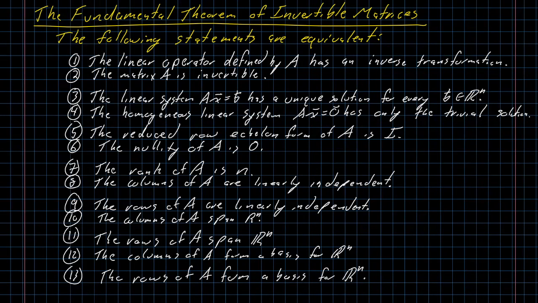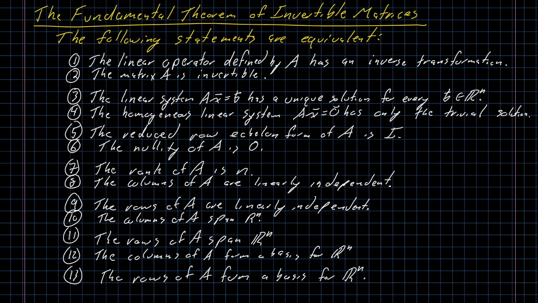That's equivalent to saying that the reduced row echelon form of A is the identity matrix, or the nullity of A is 0, the rank of A is n, the columns of A are linearly independent, the rows of A are linearly independent, the columns of A span Rn, the rows of A span Rn, the columns form a basis for Rn, the rows form a basis for Rn. If we know any one of these things, we know all of these things.